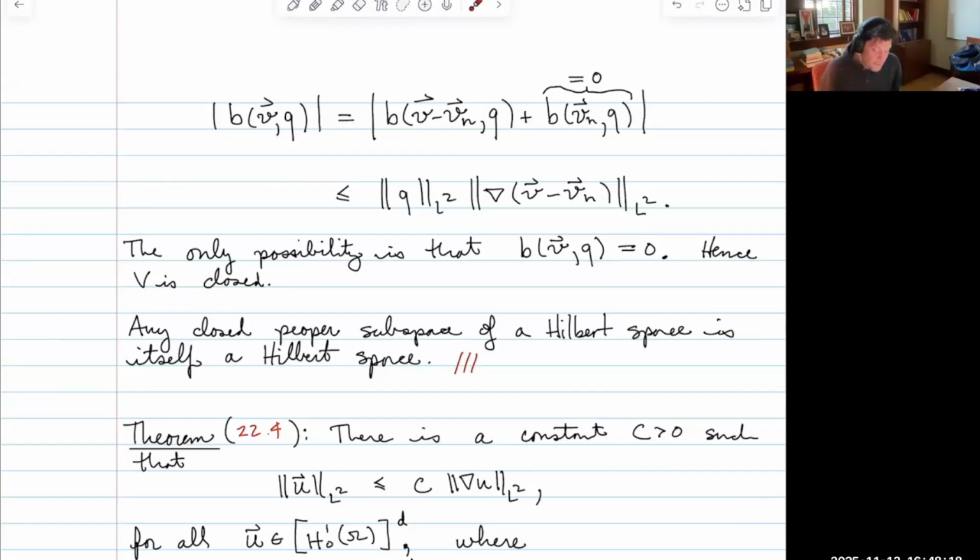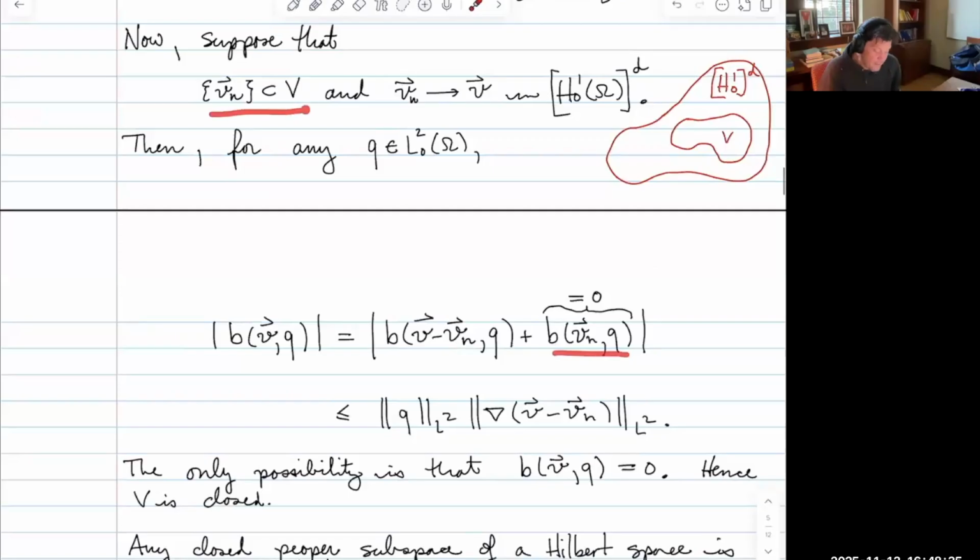Now, what I'm going to do is use the linearity of that bilinear form B. It's clearly bilinear; it's linear in both components. So I'm going to add and subtract Vn. Vn, by my assumption, lives in V, and what it means to be in V is that B of Vn, Q is equal to 0.